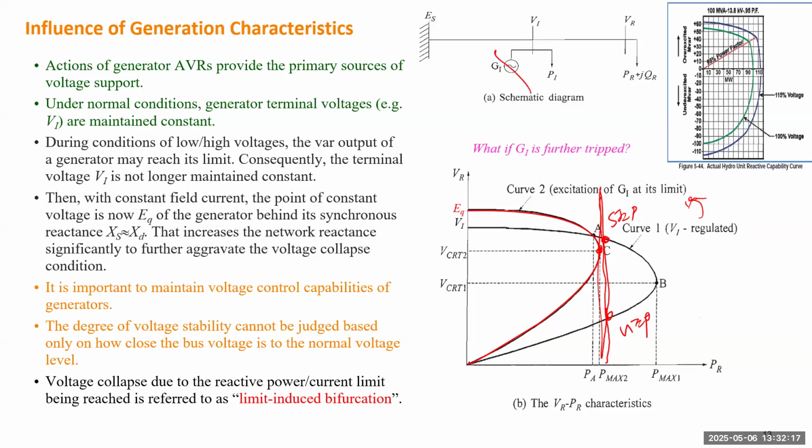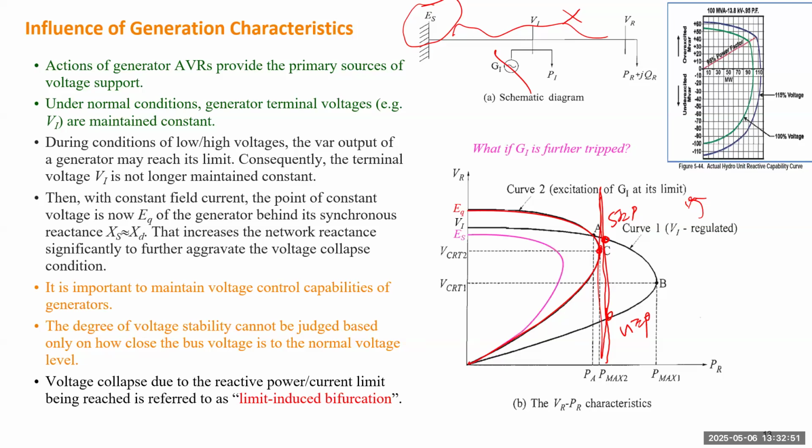Because if the generator is operated in an over-limit condition too long, the generator can be tripped by protection. So if that happens, can we use those two PV curves anymore? Neither one will be correct. We have to redraw the PV curve based on this voltage and the total reactance. We have to redraw another PV curve. So using that PV curve, we'll know where the condition will go.